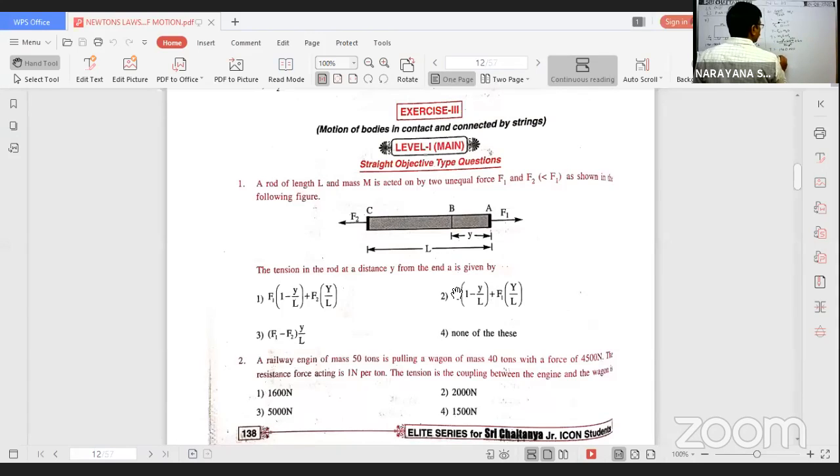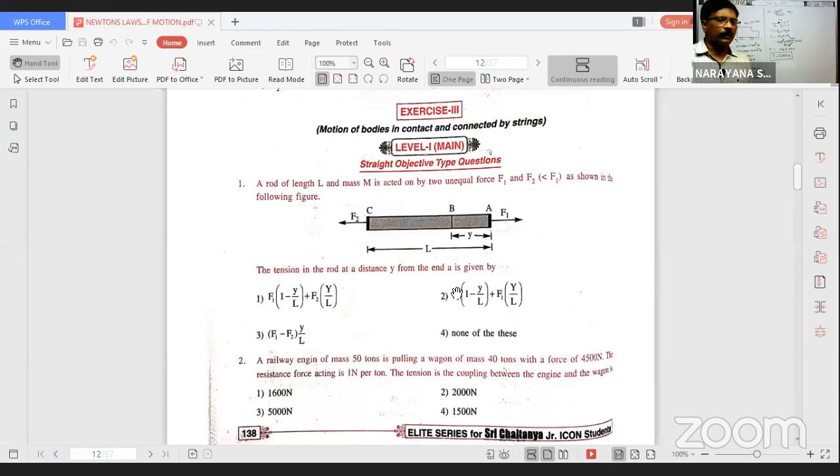Therefore, the tension in the coupling is equal to 2000 Newton. Yes, 2000 Newton is the answer.